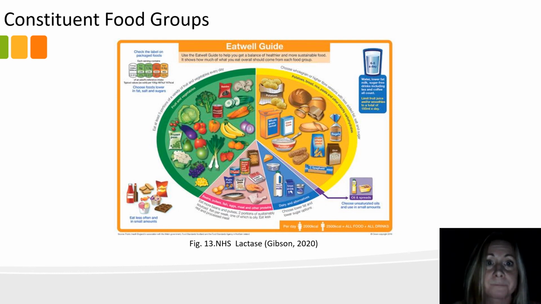The remainder, around 12 to 15%, should come from dairy and alternatives, so foods rich in calcium and protein, vitamins and minerals that are good for healthy bones and muscles, and proteins, so meat, fish and alternatives, foods rich in protein but also zinc, iron and some fibre and omega-3, for example in oily fish. And then finally, we should limit the amount of food that we get from the group containing foods high in salt, sugar and fats.